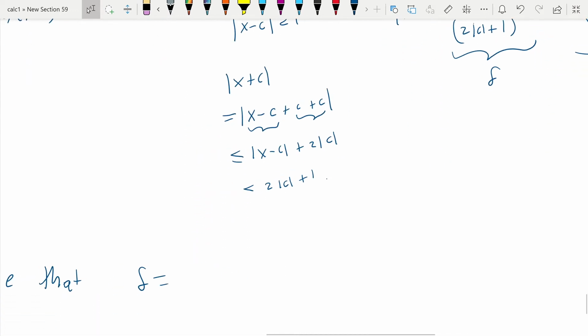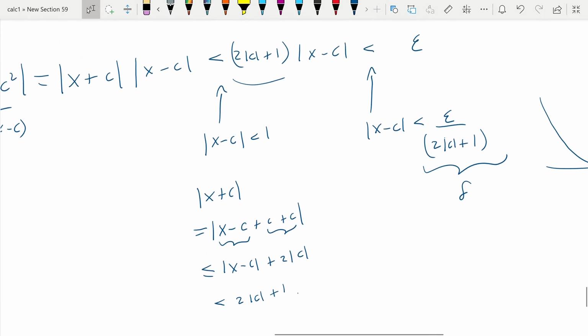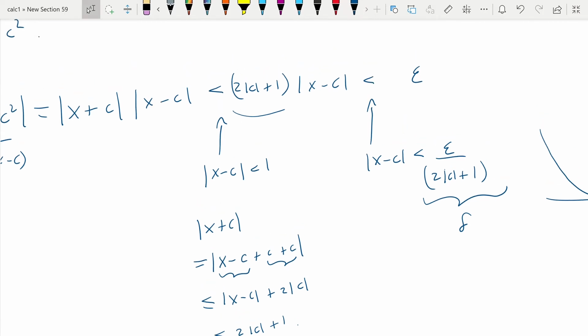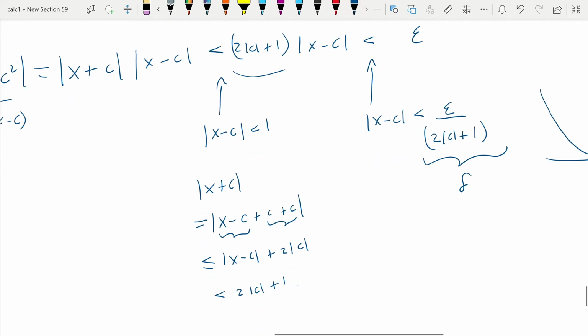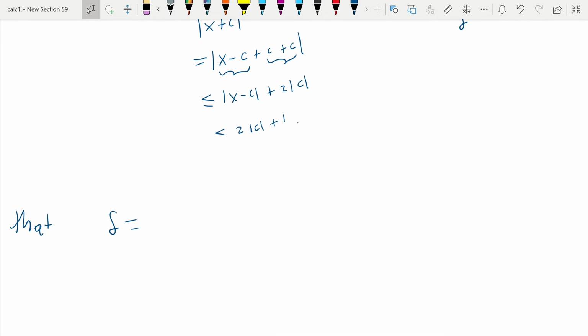As long as x minus c is smaller than 1, this first inequality here holds, and as long as x minus c in absolute value is smaller than epsilon over 2 times the absolute value of c plus 1, then the last inequality will hold. So you need to choose delta smaller than these two things.